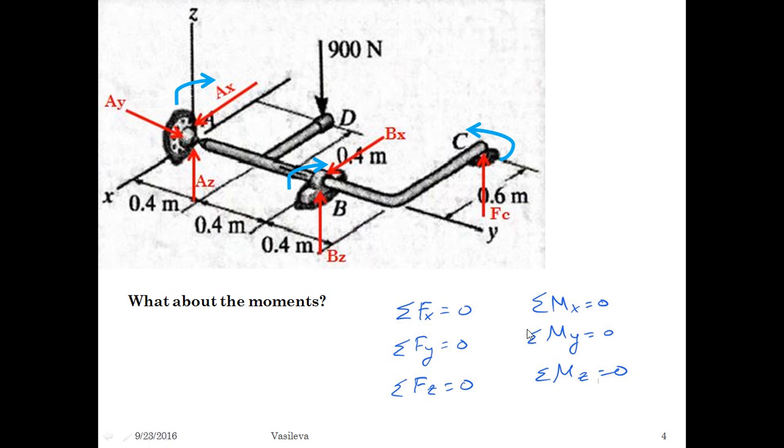When we solve for the sum of the moments about the y-axis, we are finding which forces are creating this moment. So the moments that you end up drawing in your diagram are the moments about the y-axis, the x-axis and the z-axis, which you're accounting for when you do the overall summation of the moments.